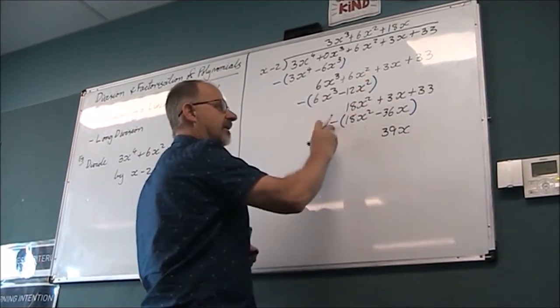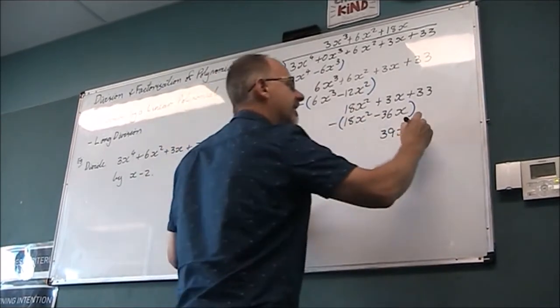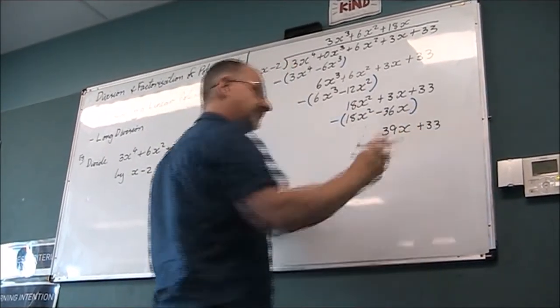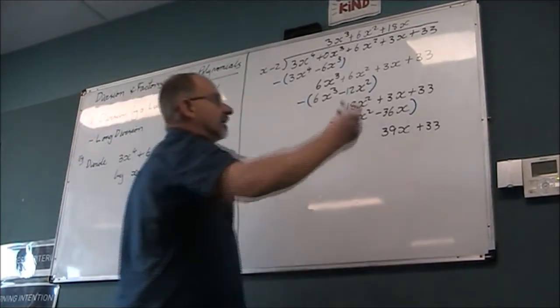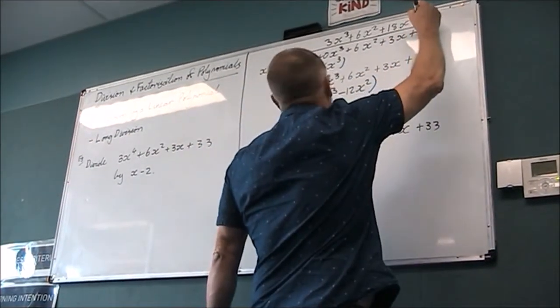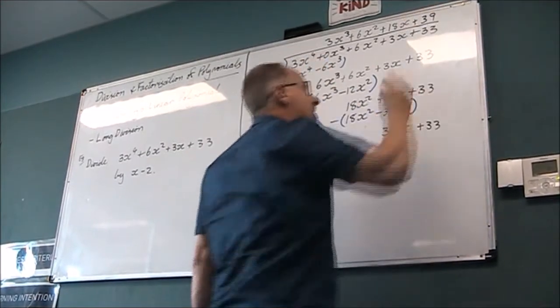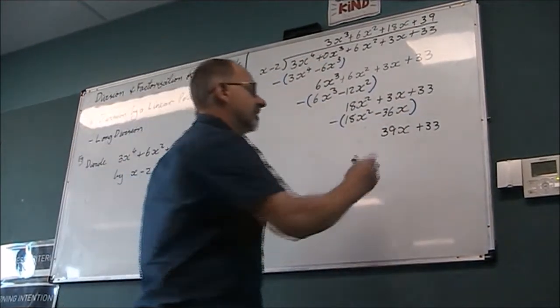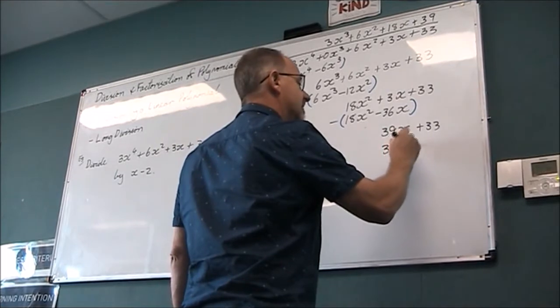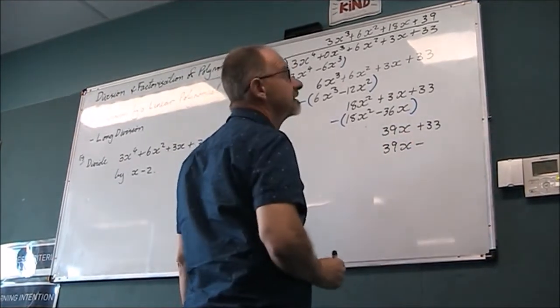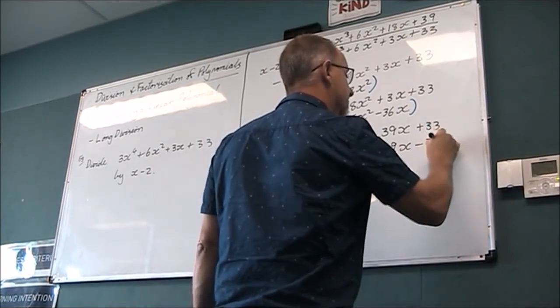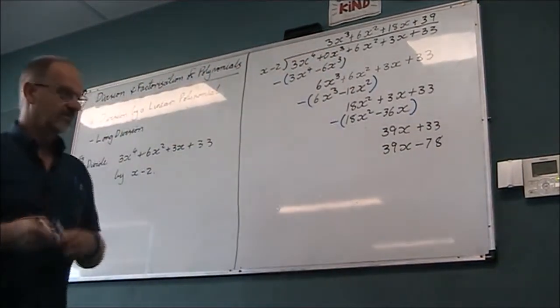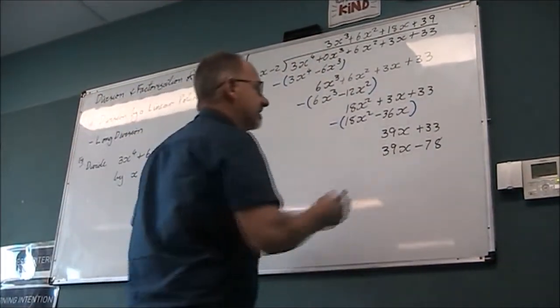Zero, negative and negatives are plus, so 39x plus 33. So to get 39x, we've got to times x by 39. So then we get 39x minus 78. And then we've got to take that away.